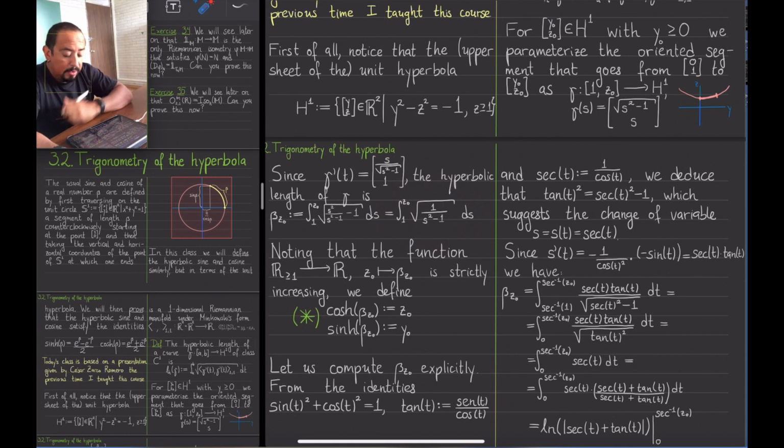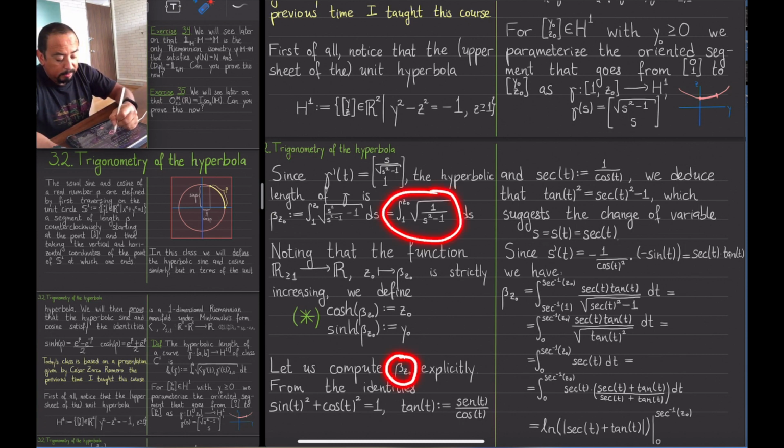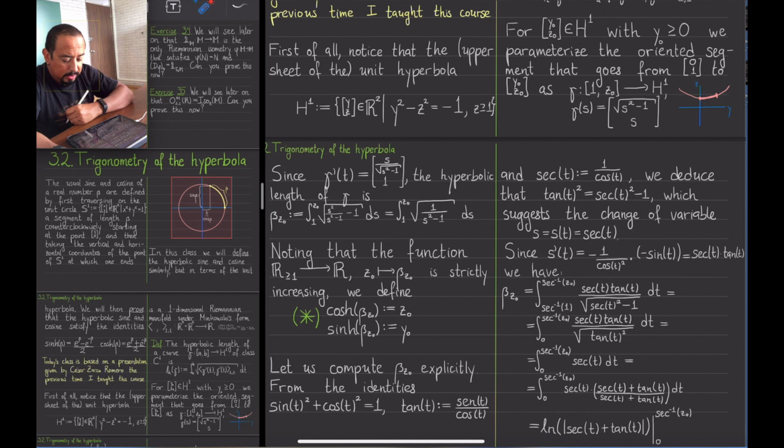Okay, now let's do some explicit computations. So let's compute explicitly the integral in terms of z0. So look, notice this. This is s squared minus 1. Okay.